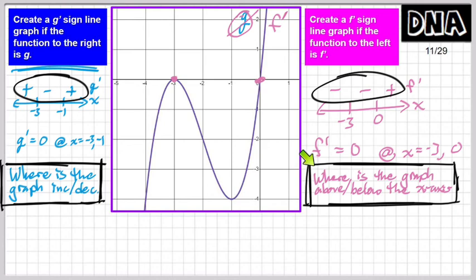You're asking, are you above or below the x-axis? Because that's how you know if the slope is positive or negative, because the y values are the slopes. When over here, this is g, and you know where g prime, where the slopes are positive or negative, based on whether the curve is increasing or decreasing. Does that kind of make sense? I mean, the graph is totally different for the pink or the blue, because it has a different name. It's either going to be g for the blue, or it's going to be f prime for the pink.